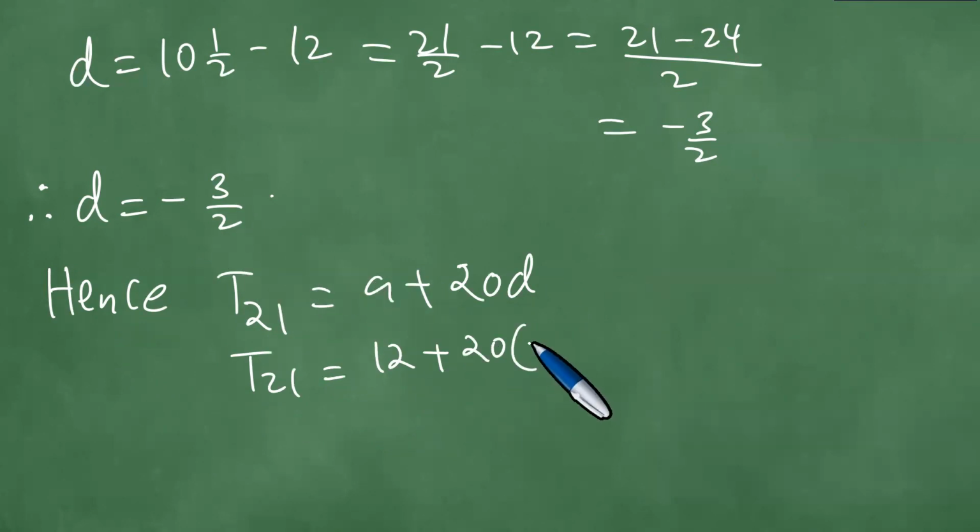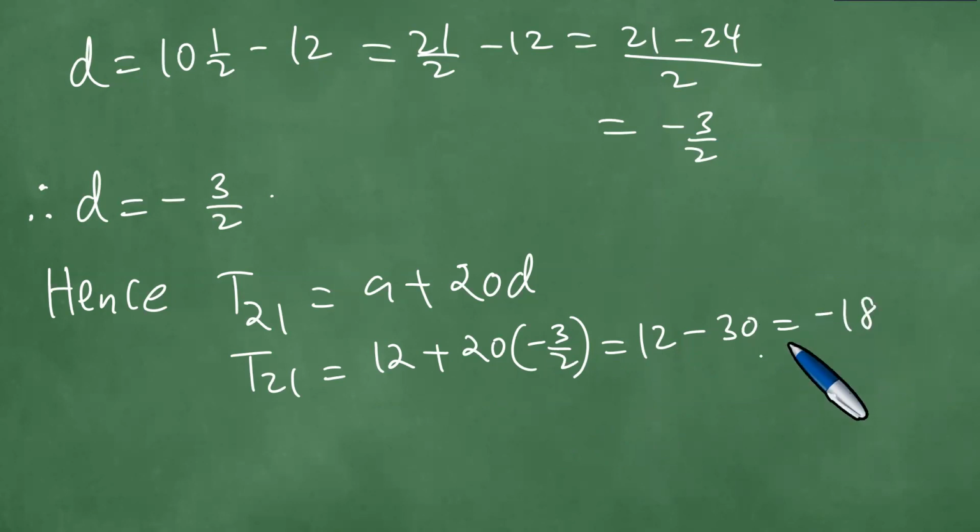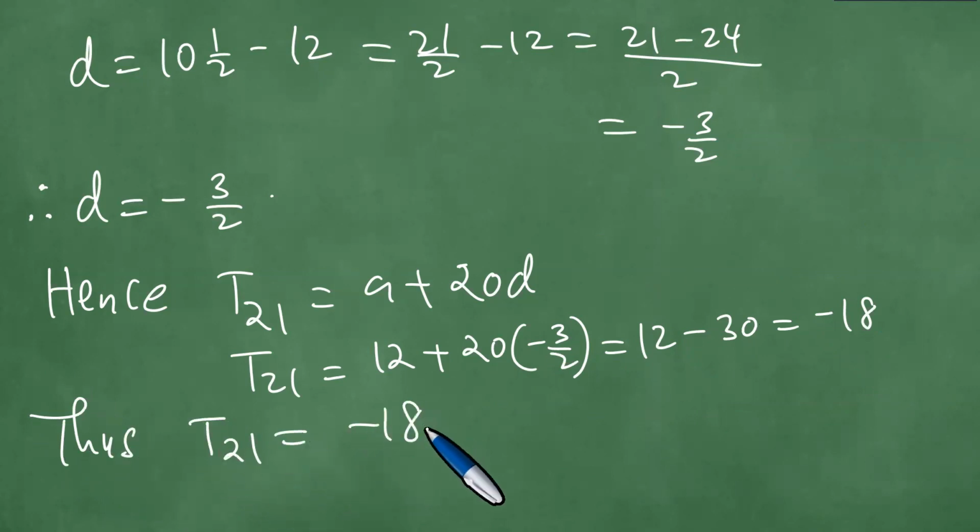D is minus 3 over 2. 20 times that is minus 30. 12 minus 30 is minus 18. So what is the 21st term? Thus, T21 equals minus 18.